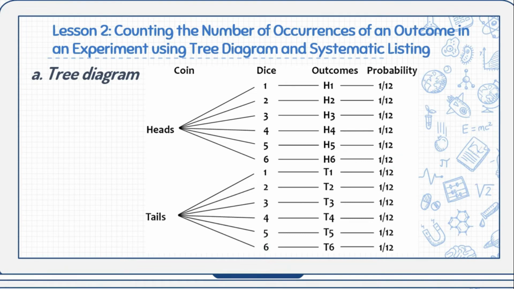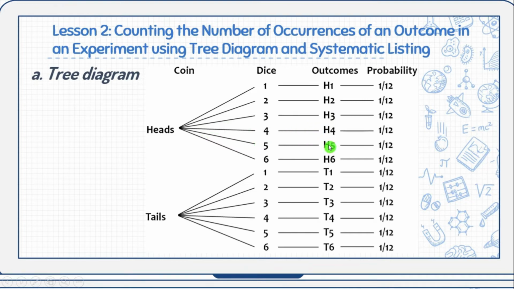So, the possible outcomes are head, then the dice is 1. It could also be coin head, then dice is 2. It could also be head, then dice is 3. Then, head, dice is 4. Head, dice is 5.